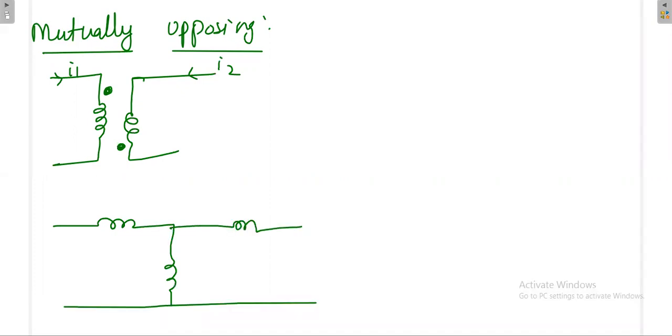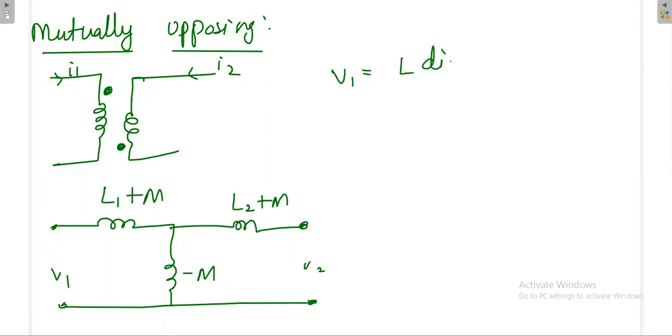Here, instead of minus M, you will get L1 plus M, but here instead of plus M, you will get minus M. Here L2 plus M. Again you can apply the KVL and the KCL. You can prove that both the equations are same. What is the equation? V1 is L1 di1 divided by dt minus M di2 divided by dt, because this is opposing: the dot convention here, one is entering, one is leaving.